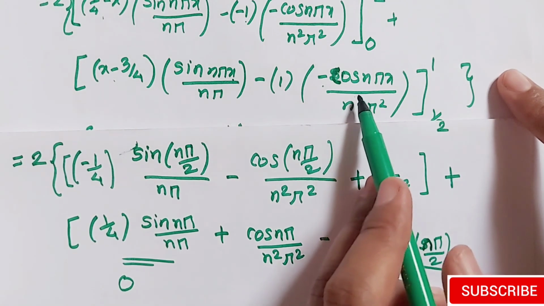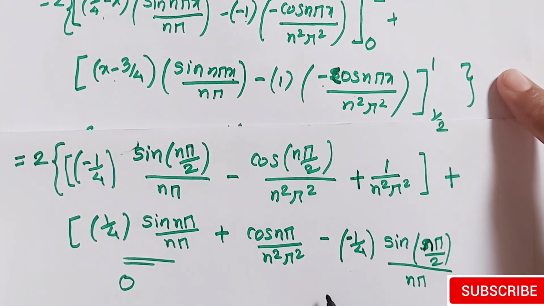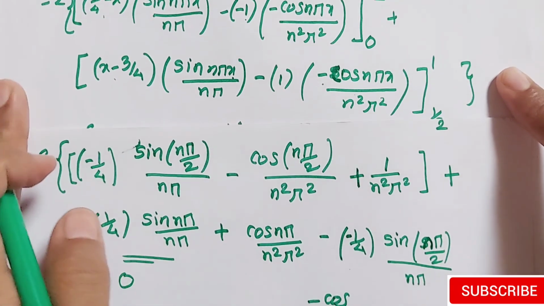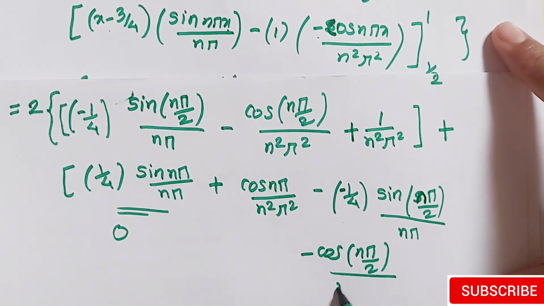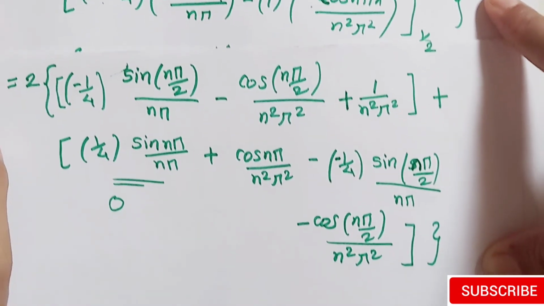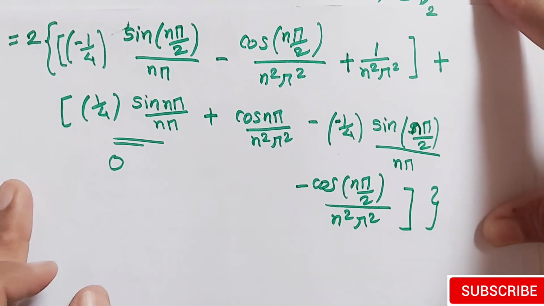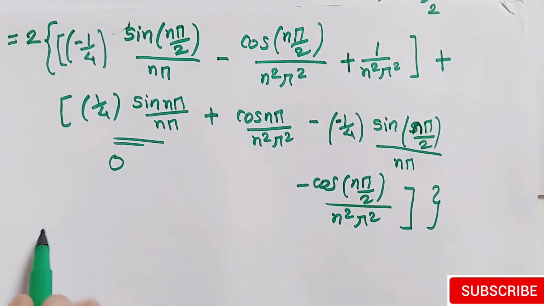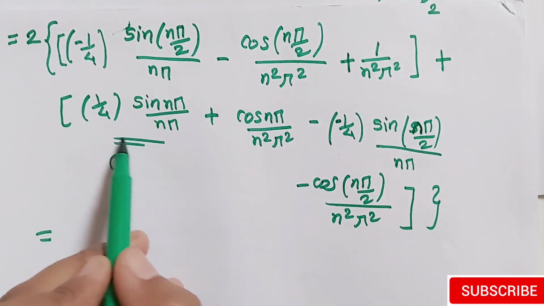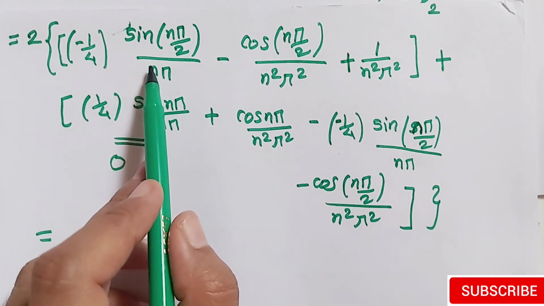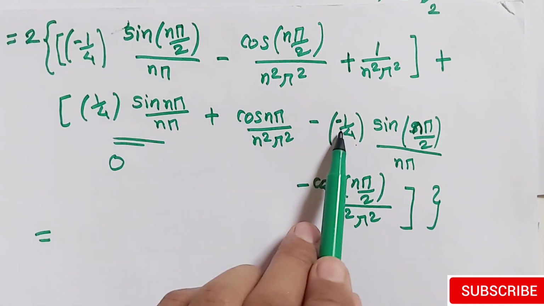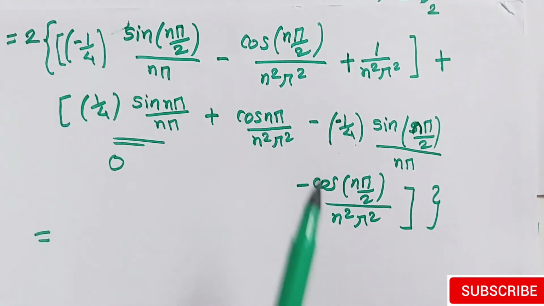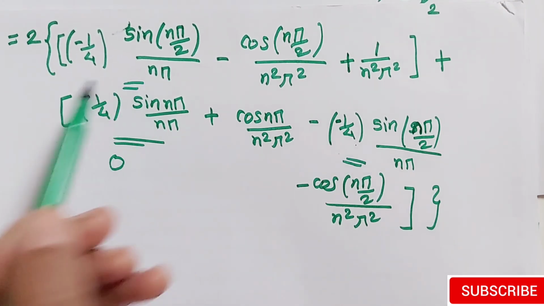Then next is x equals 1/2 here, so it is a minus cos n pi by 2 divided by n square pi square. Any term that is 0 while simplifying, you don't need to write it. Like this term is 0, and here −1/4 into this term and this is +1/4, so the addition of both is also 0. So this term is again 0.